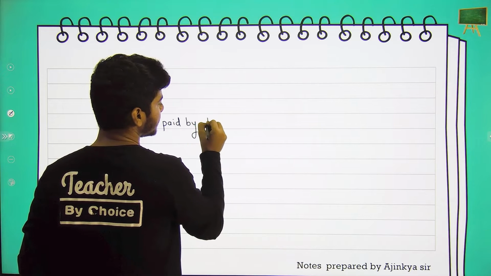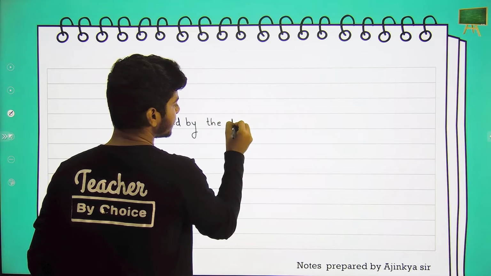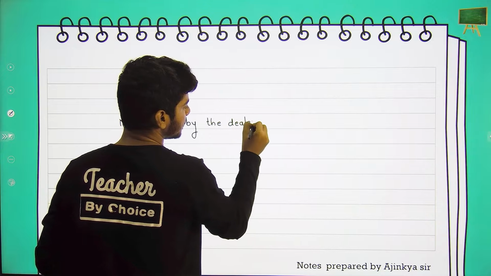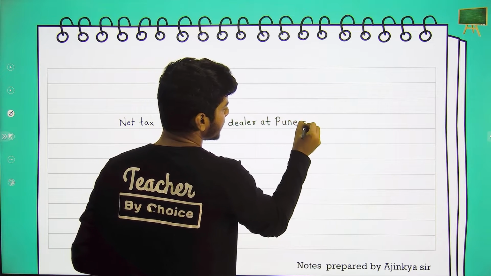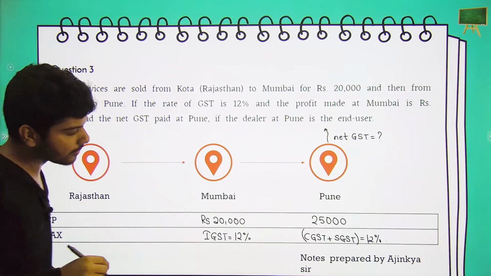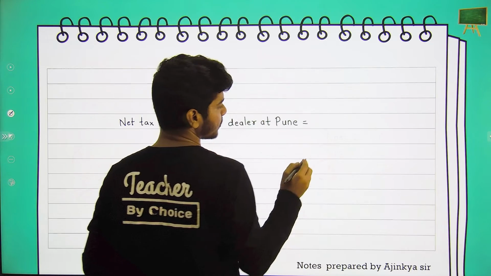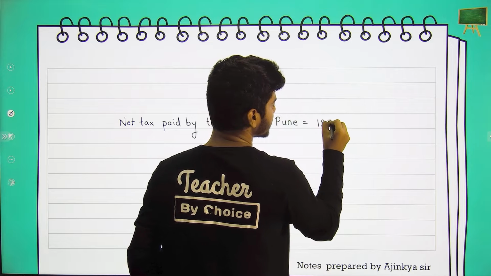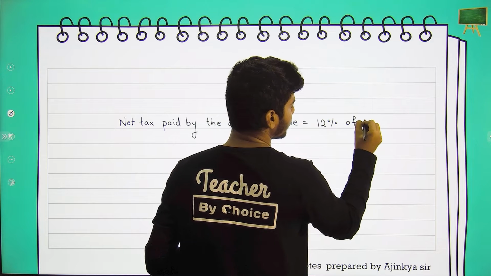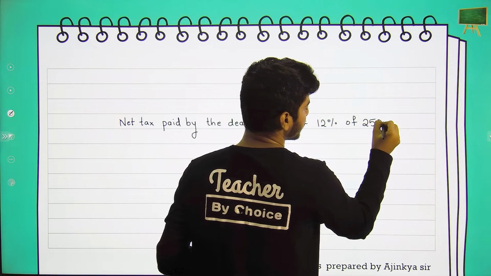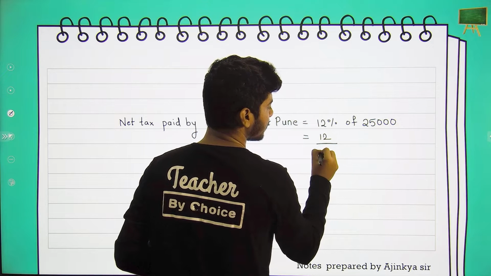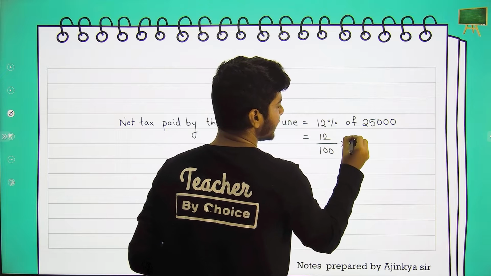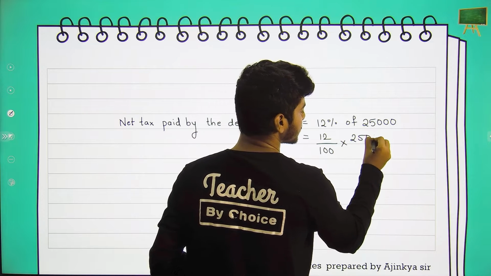The tax paid by the dealer at Pune is equal to how much? 12% of 25,000. So this would be equal to 12% means 12 upon 100 into 25,000.